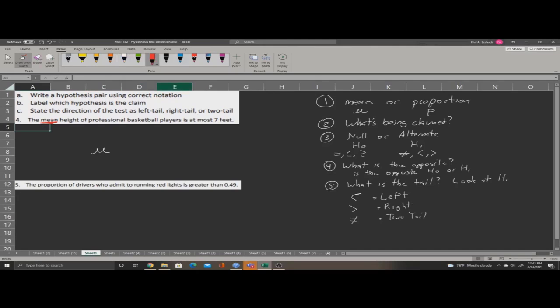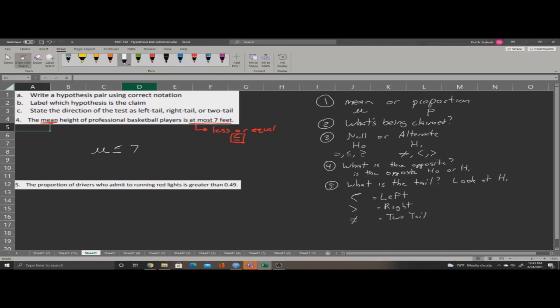We are also claiming that the mean is at most 7 feet. Now, at most means less or equal, which is the less than symbol with a dash under it for equal. We'll also place 7 feet afterwards.